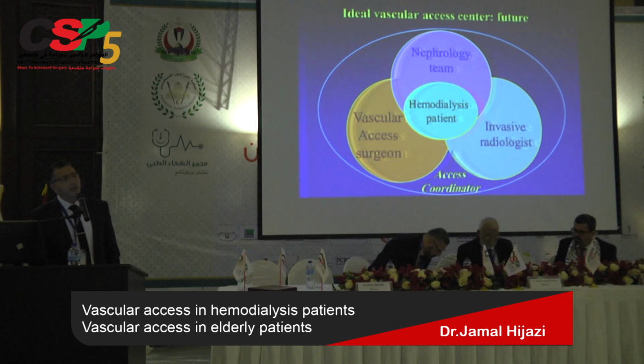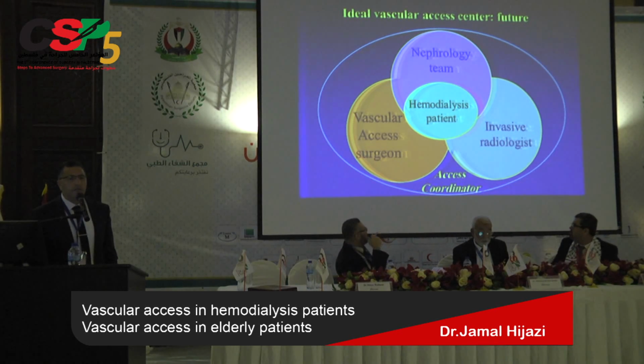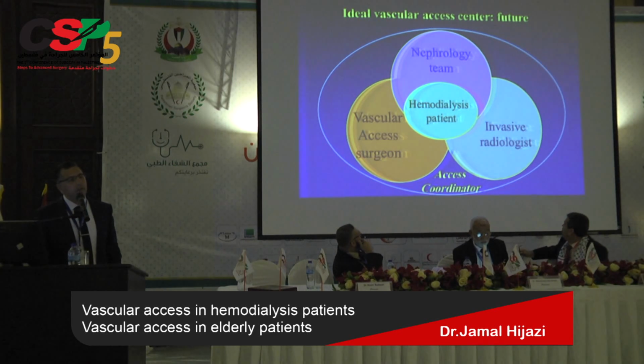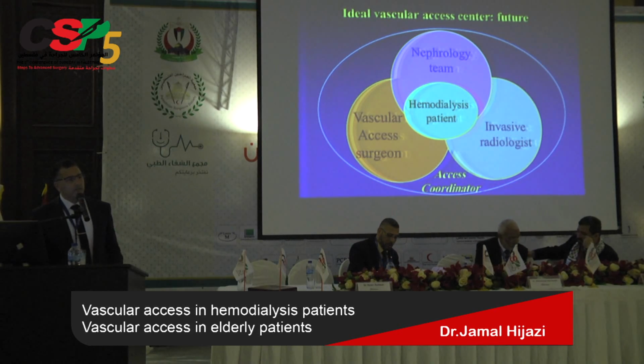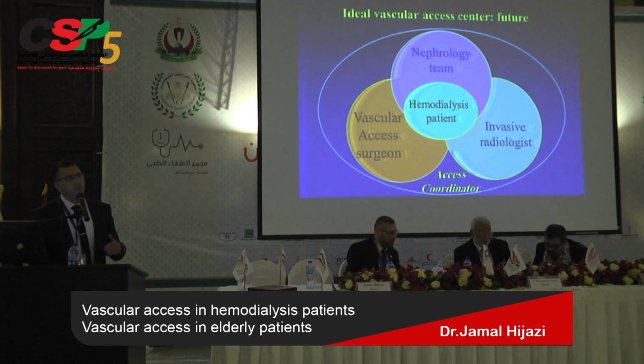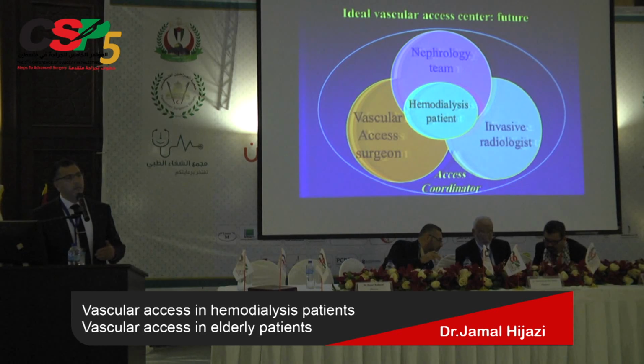For example, if I have a patient with end-stage renal failure and the nephrologist decides that the patient needs hemodialysis, we prefer to send the patient to us before starting dialysis. If you know that your patient will need hemodialysis within 3 months, it's better to send them before any type of venipuncture or catheter insertion.